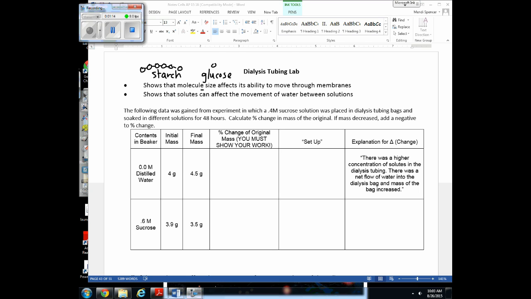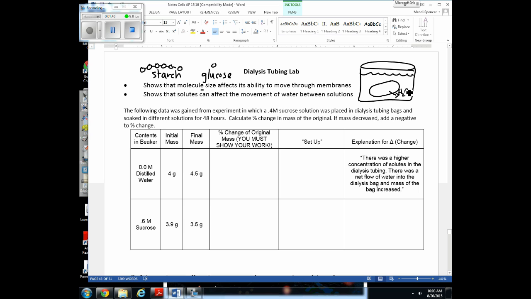And then we're also examining how solute concentration can affect the movement of water. So we had a beaker, and then we had the dialysis bag in a solution. And you were asked to take the mass of the bag. So next class, when we're taking the final mass of the bag, if water has moved out, then obviously the mass of the bag is going to decrease.